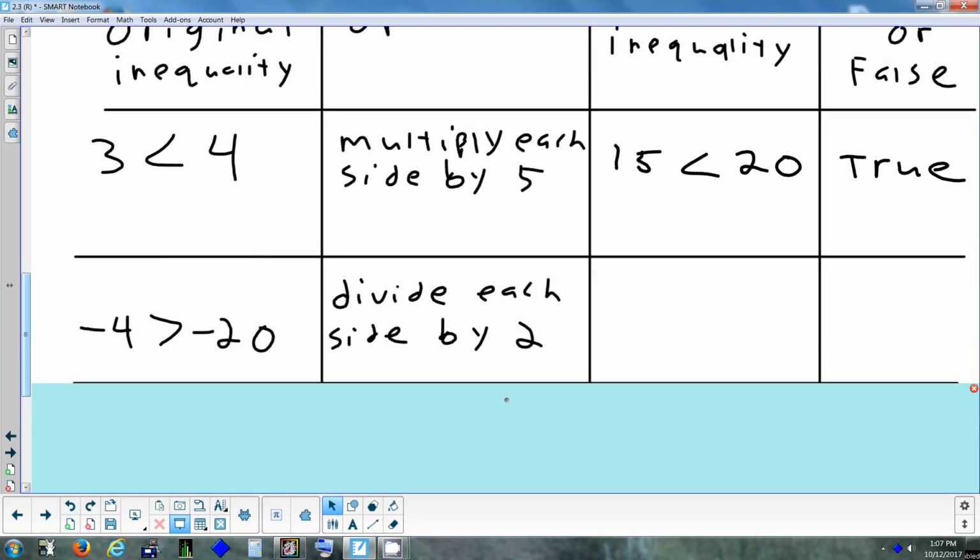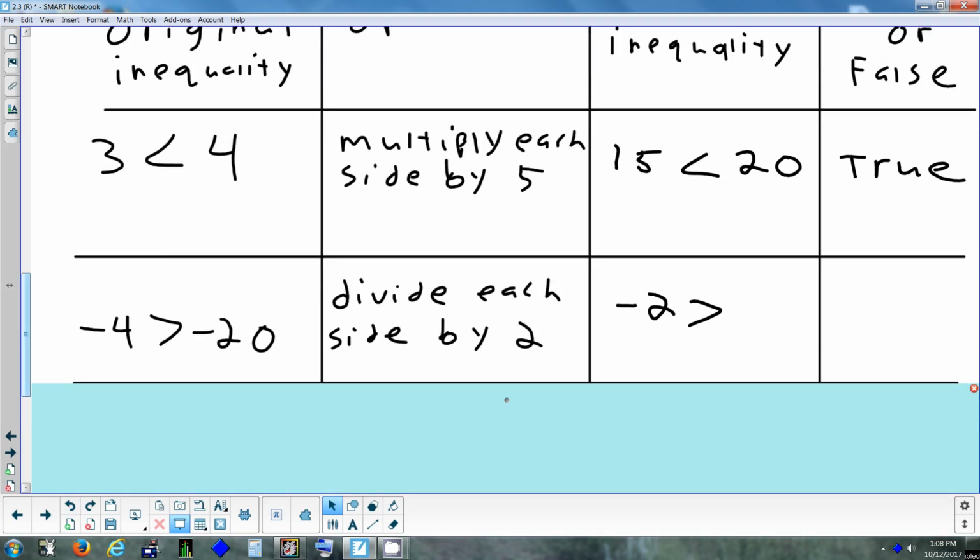Negative 4 is greater than negative 20. What do you think about that one? Is that true right now? Yes, right. If you think of it on a number line, negative 4 is to the right of negative 20, so that is true. Now we're going to divide each side by 2. Gemini, what do you get if you divide the left side by 2? Negative 2. Yep. What about if you divide the right side by 2?